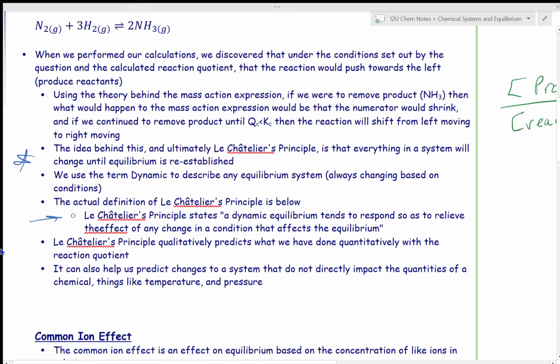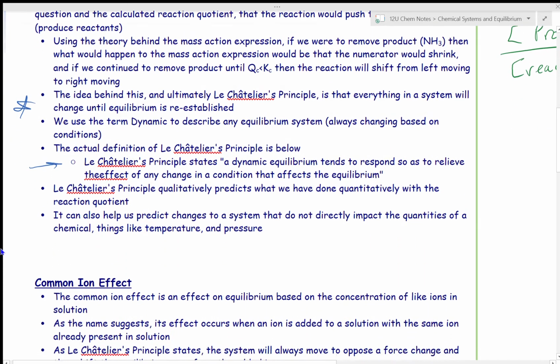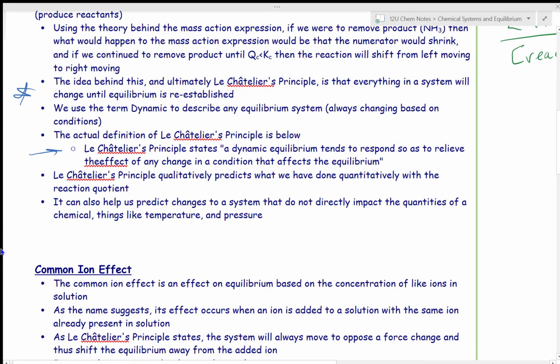Now, if we're looking at the actual definition of Le Chatelier's principle, Le Chatelier's principle says a dynamic equilibrium tends to respond so as to relieve the effect of any change in a condition that affects the equilibrium. Oh my God, that's very much chemistry babble. Let's just talk about it in general. It just means that whatever stress I put on the system, whether it's to add something or take something away or whatever that stress might be, the system is always going to try and counteract that stress.